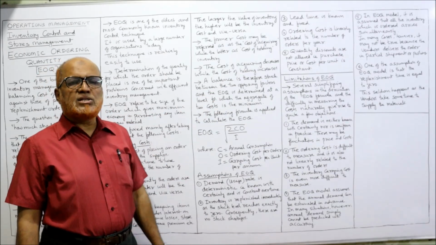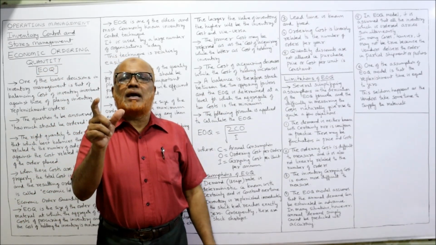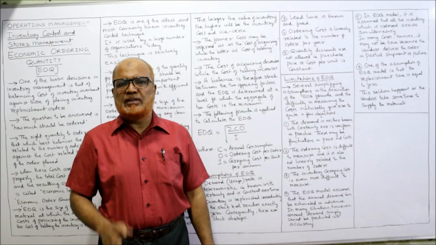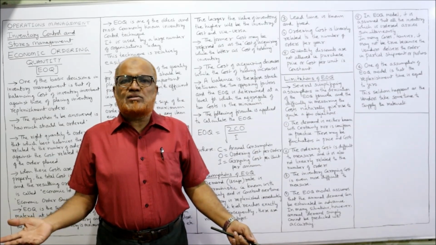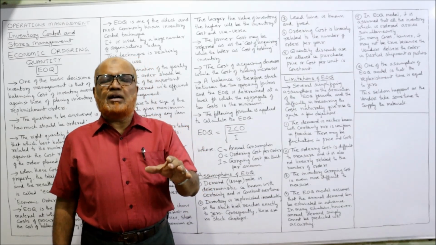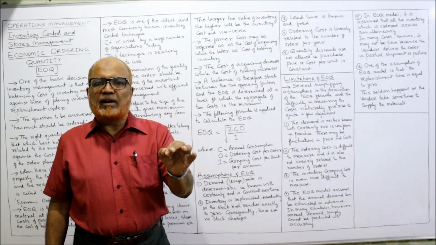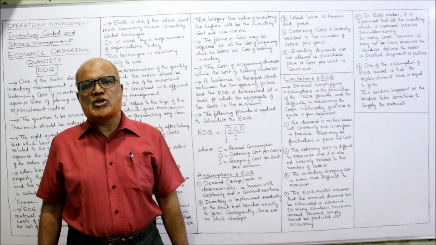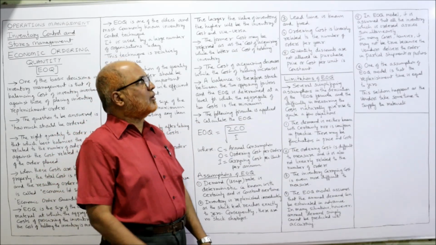Lead time is known and fixed. Lead time means the time gap between placing the order and receiving the goods. That is always fixed, that will not change. Normally if we say 1 week, then definitely in 1 week we will be able to replenish the stock and get the goods.